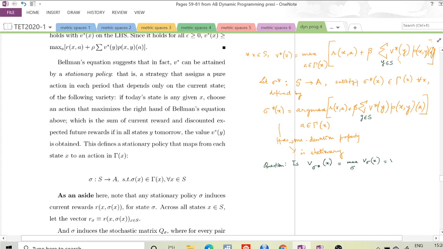We had defined this to be V star of x. So clearly sigma star satisfies no improvement with a single deviation, right? So from tomorrow, I'm optimizing and I resolve the optimal trade-off between today and tomorrow by choosing my action judiciously. That is my sigma star of x for every x, right?